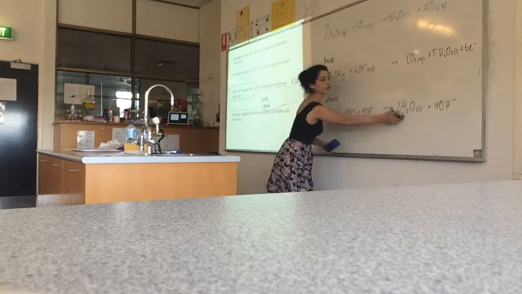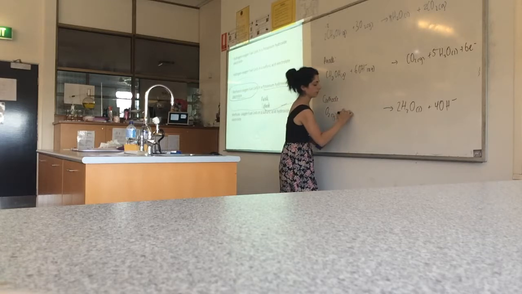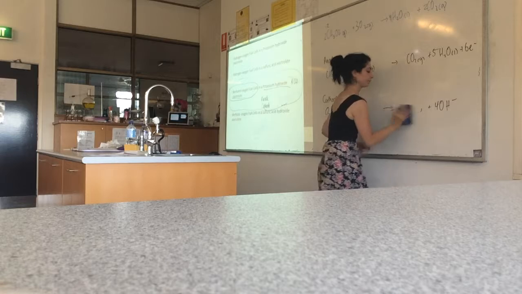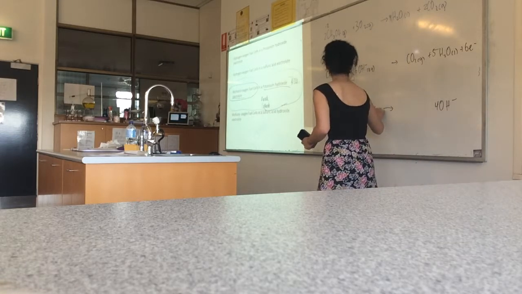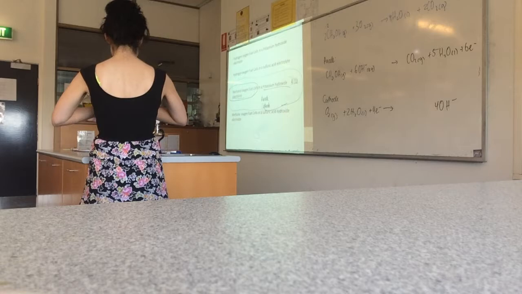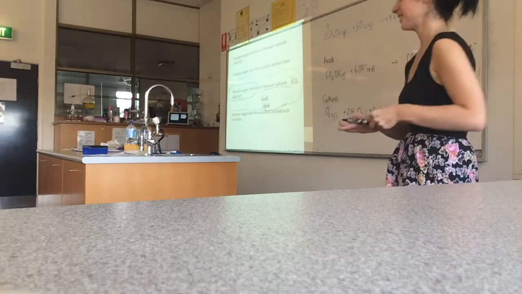I've got 2 on that side, so how many on this side? 2 waters. Is that right? And 4 electrons. Yay or nay? Yeah. Okay, now let's see if it matches our full equation.